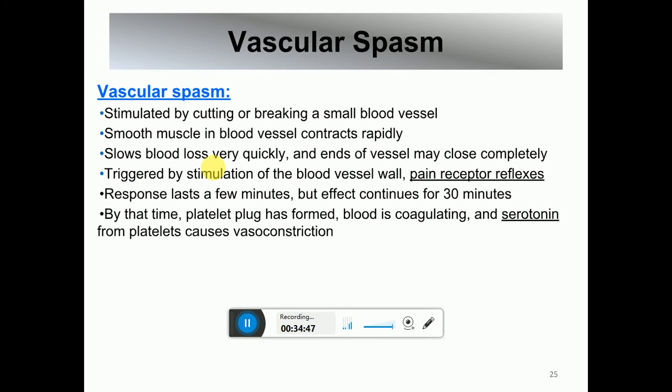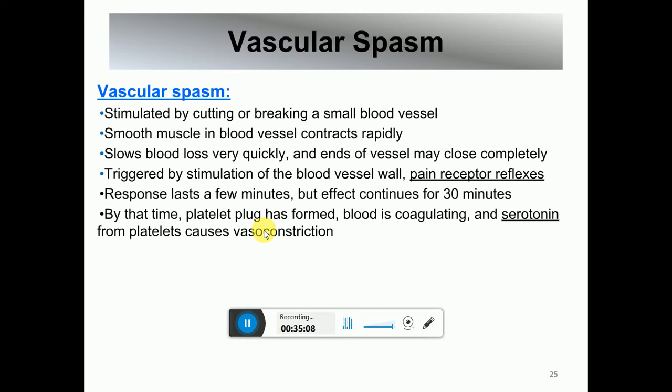The first of these 3 steps would be vascular spasm. We already mentioned how blood vessels constrict: platelets release serotonin, and the serotonin leads to the contraction of smooth muscles found within the blood vessels, which leads to vasoconstriction.